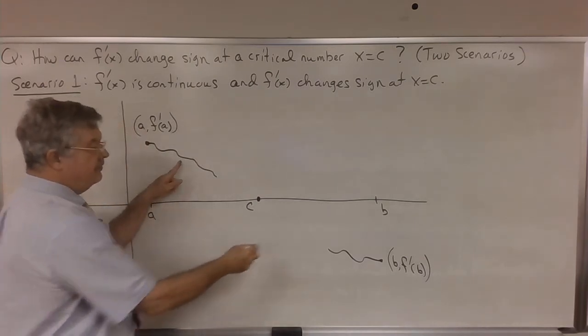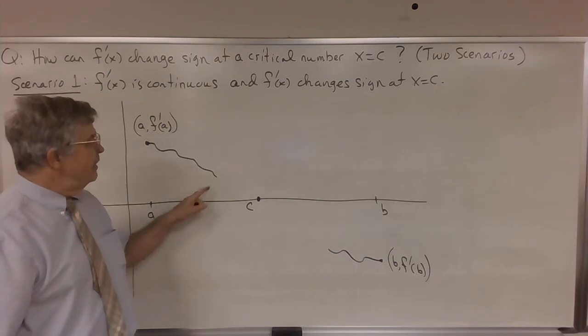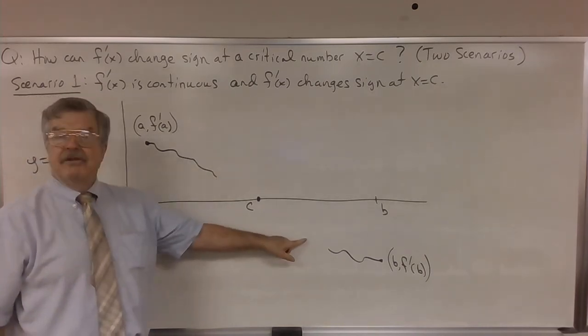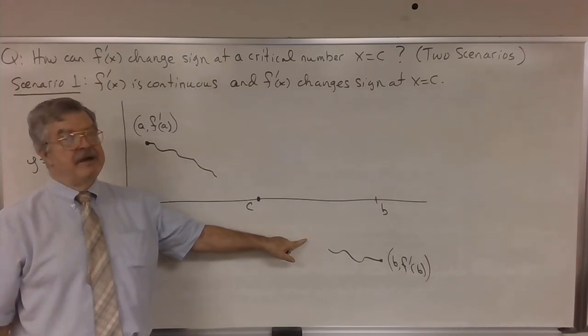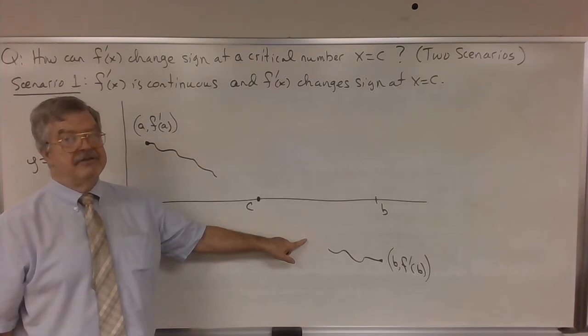If the graph is really one connected piece, then we know that the graph can't go from above the x-axis to below the x-axis without doing what? It's got to cross the x-axis, right?